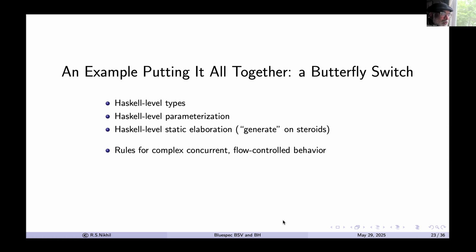If only one of those rules is enabled in any one particular clock, you can let it go. But if both are enabled in some particular clock, you have to suppress one of them. Delay one of them. Okay, which one do you delay? Because the rule selection choice is non-deterministic, the compiler is free to pick any one of them. So it will tell you that I have a conflict between these two rules, and I'm prioritizing this one over this one because of this conflict of both trying to write into this register.